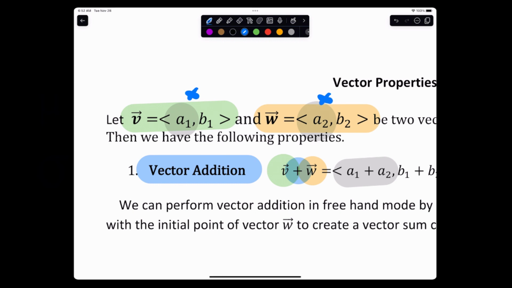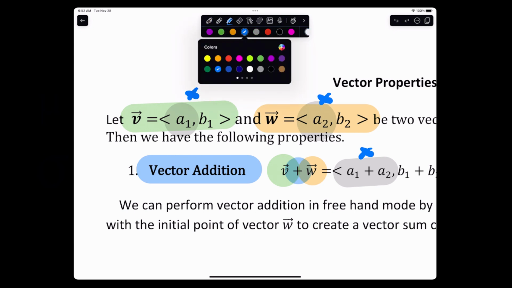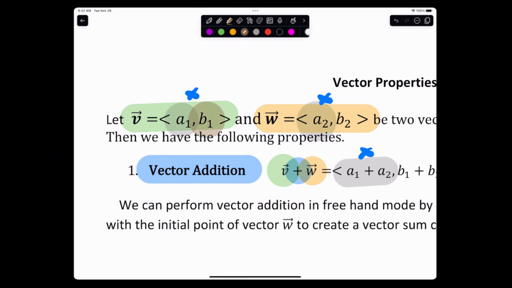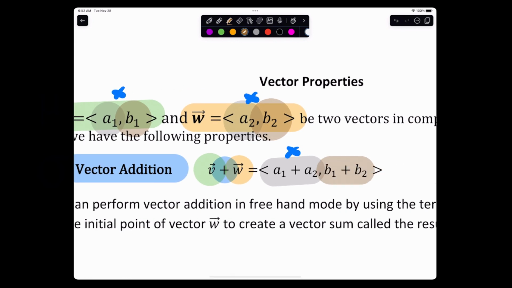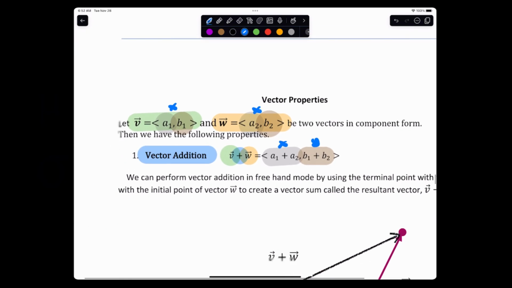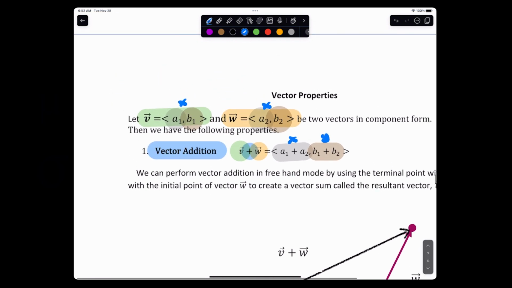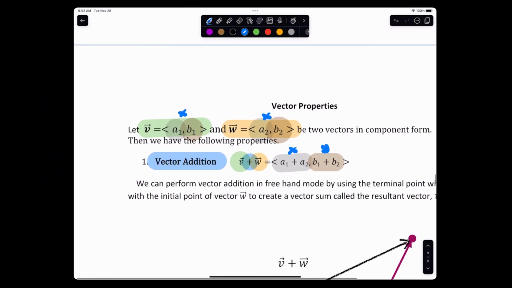All you got to do is add those values. And then for the second position, you're going to take B1 and B2 and add those values. And then you're going to get the what? Y value. So this is known as vector addition, okay?